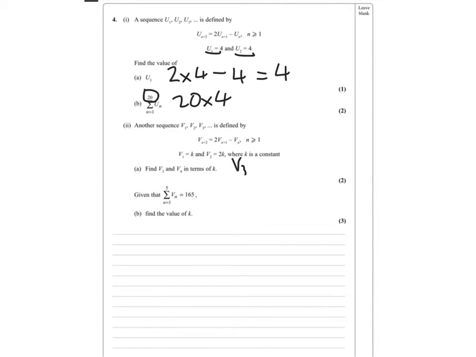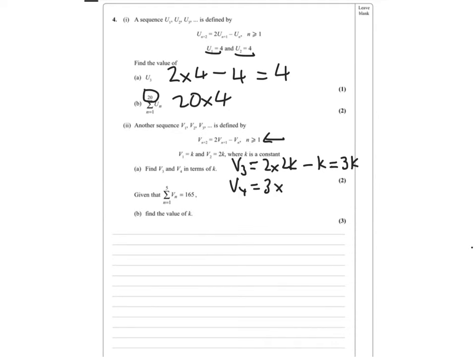Now v3 down here, if I'm looking here, it's 2 lots of v n plus 1, well that's 2k, so 2 lots of 2k minus k, which gives me 3k. Now, I don't know about you, but I'm sort of spotting a pattern there as well.